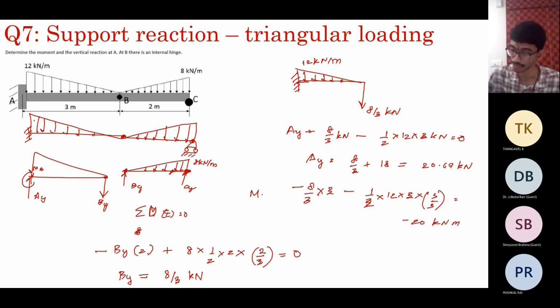The moment about the point A. So the moment at the point A is 26 kilonewton meters, and the vertical reaction is 20.67.